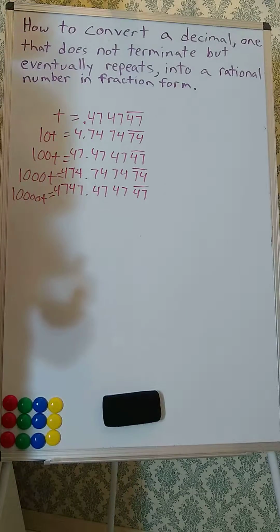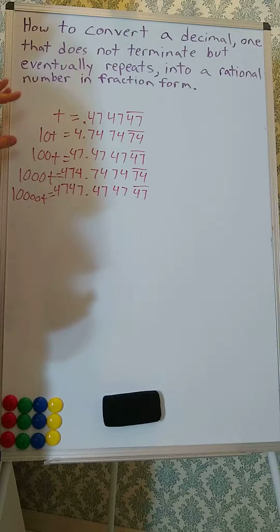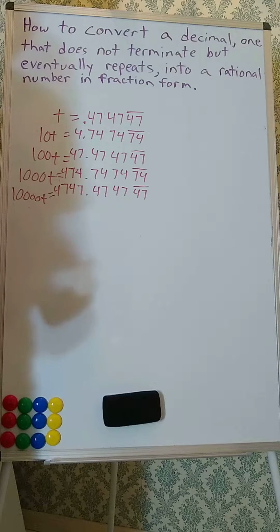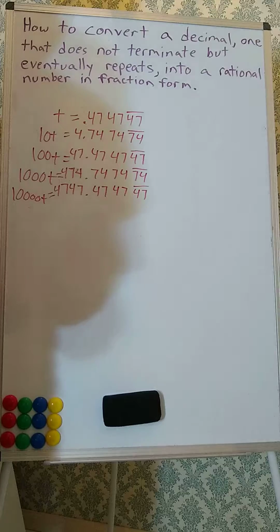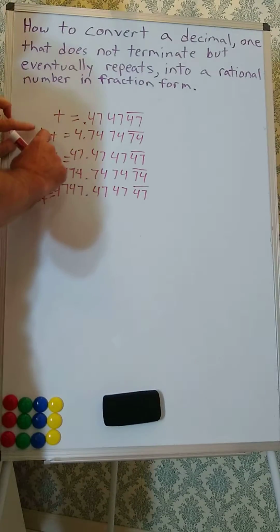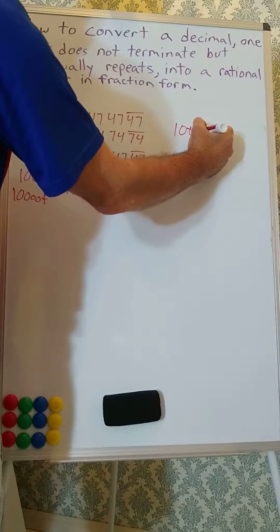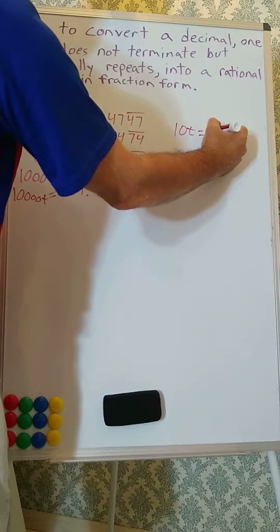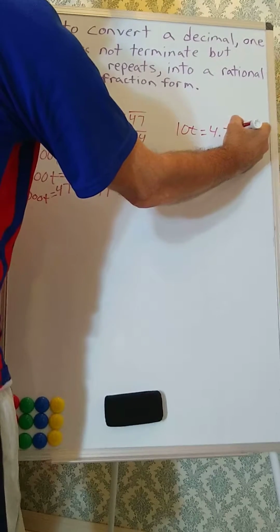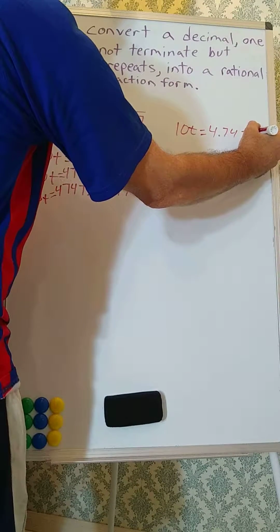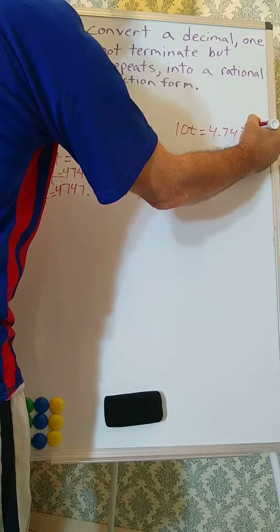Okay, some might say this is making it more complicated than it needs to be, but I think the importance here is emphasizing the fact that you need to eliminate the repeating part. So let's say I tried to do 10t minus t. 10t equals 4.7474, and I can stop there.